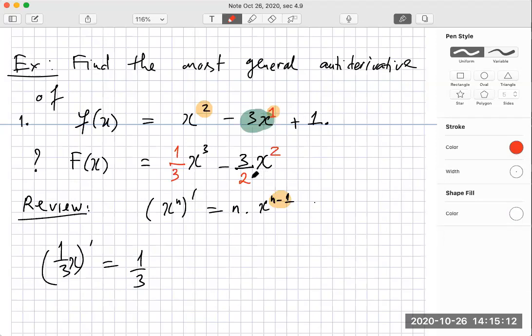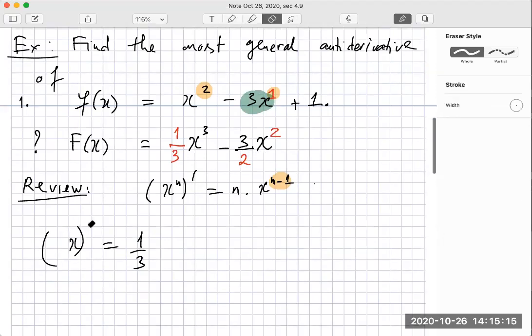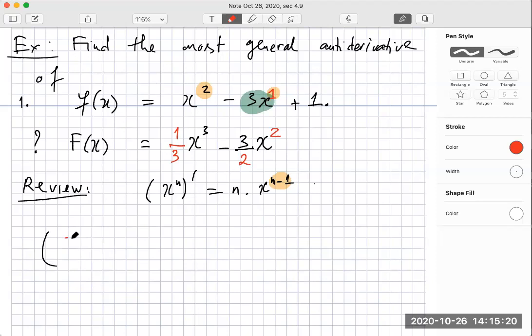Let us double check it. If we take the derivative of 3 over 2 x squared, the constant we can take out of the derivative. It is 3 over 2 and the derivative of x squared. So it will be 3 over 2 times, what is it, Gary? 2 and multiply x. Yes.